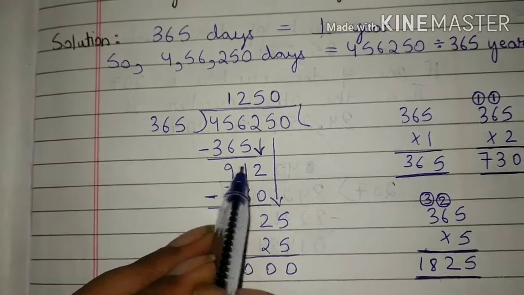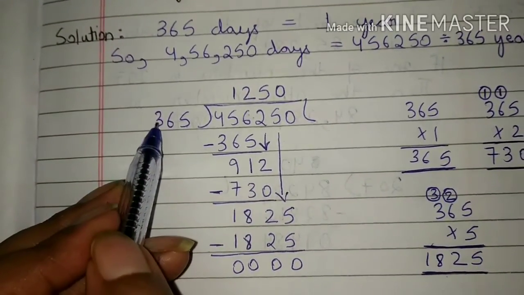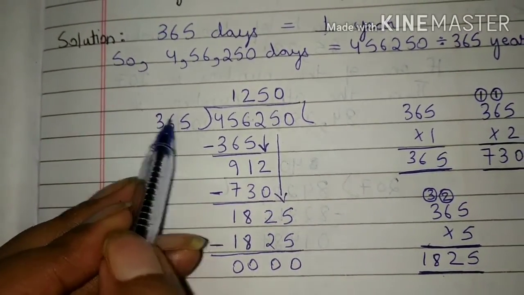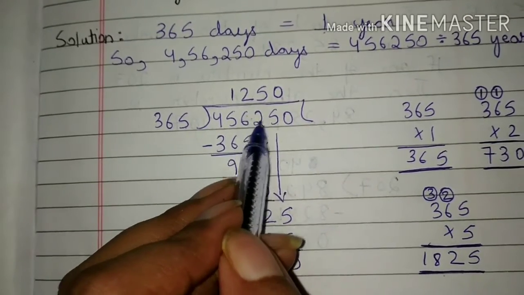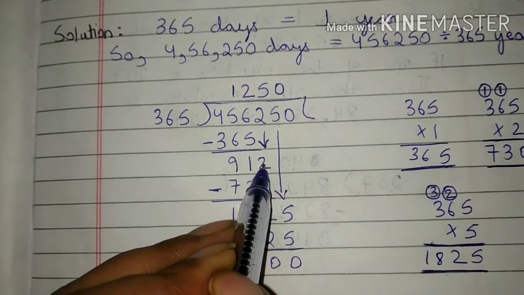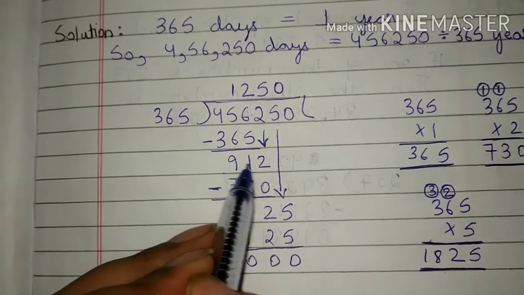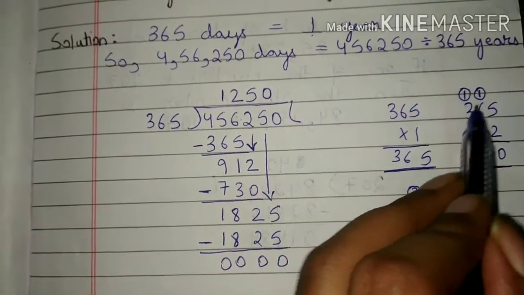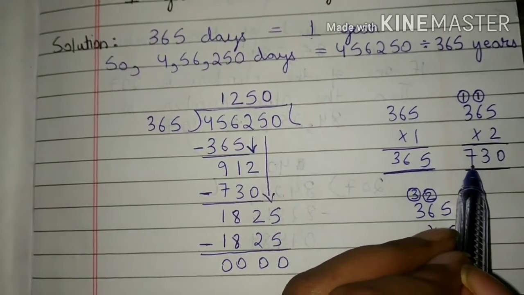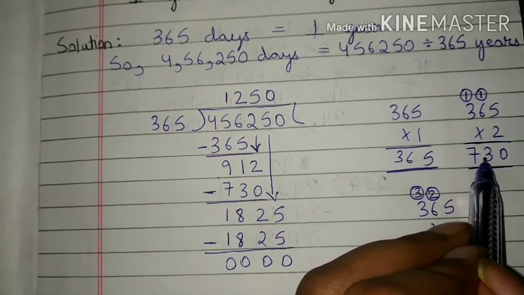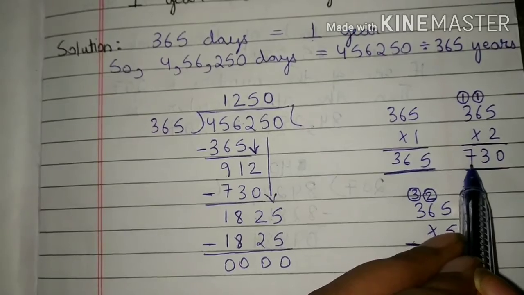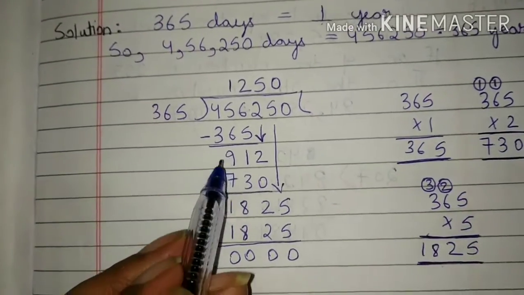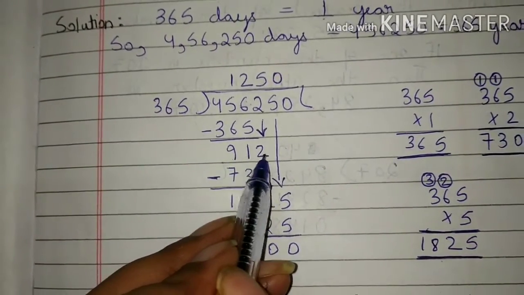Students, 91 is smaller than 365. So we will carry down next digit, that is 2 here. Now number become 912. Students, 365 into 2 is 730. And this 730 is just smaller than 912.